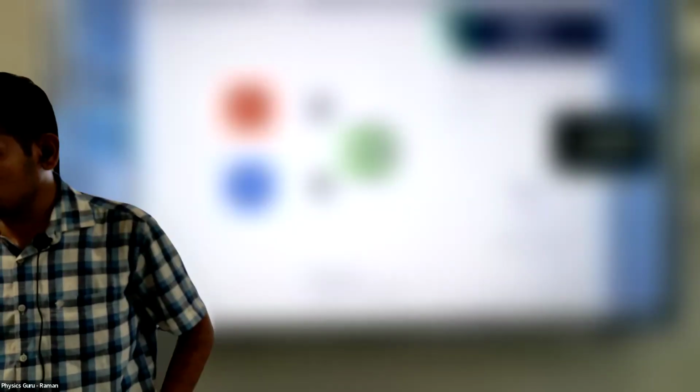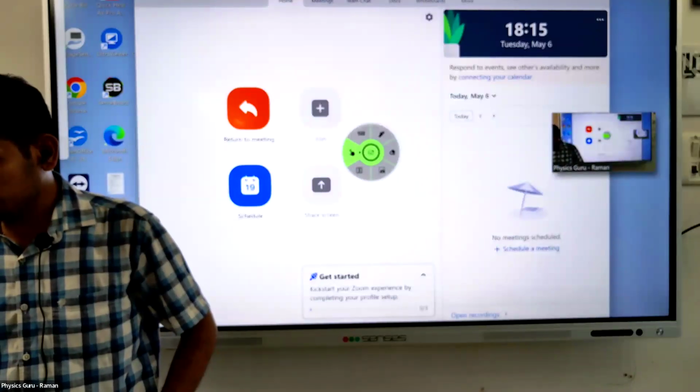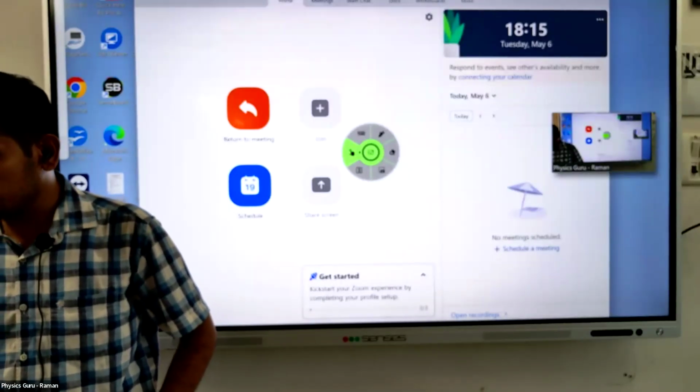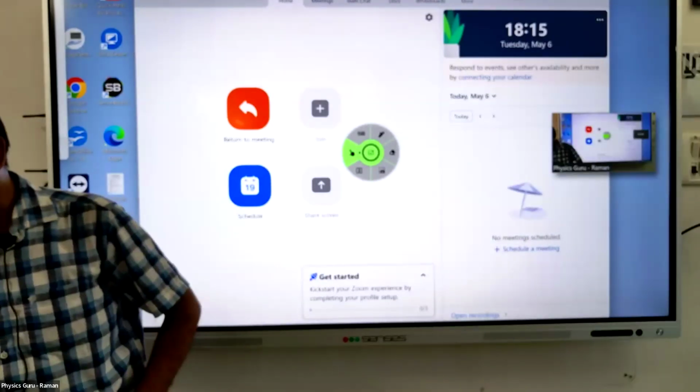Can you see the screen now? Yes, sir. Good. Sir, but your background is blurred. That will be set. Please wait. Is it okay now? Sir, how to pin your video? There would be 3 dots near the name. This is Guru Raman, and you have to click on pin. Sir, the 3 dots are not showing for me.